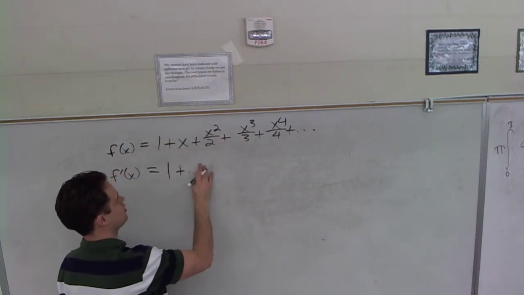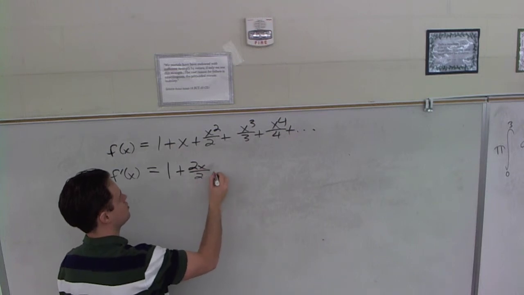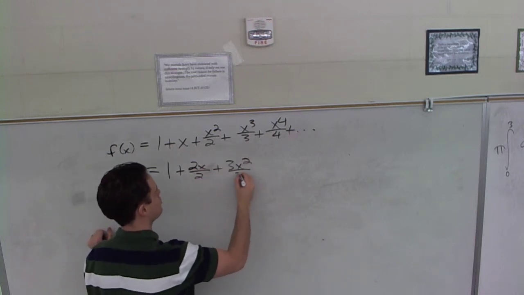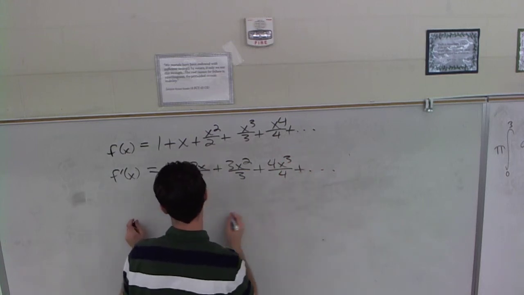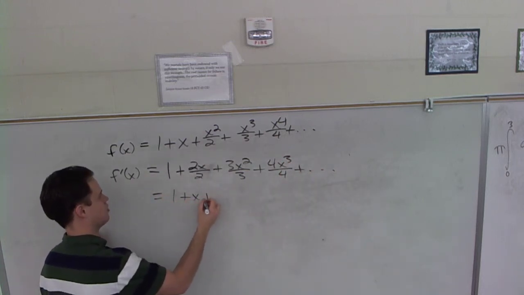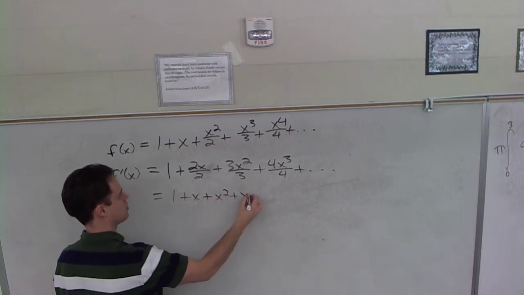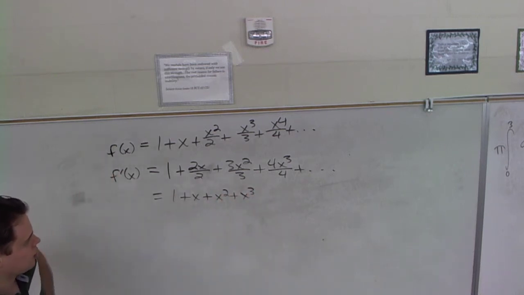So that'd be like 2x over 2 plus 3x squared over 3 plus 4x cubed over 4. Sorry, the denominators are factorials.